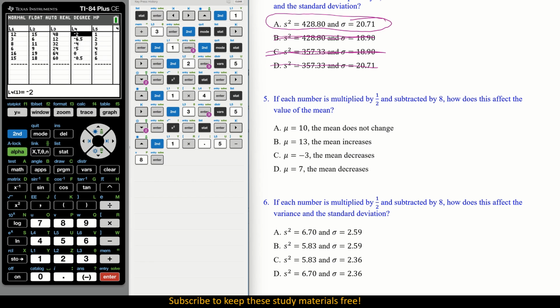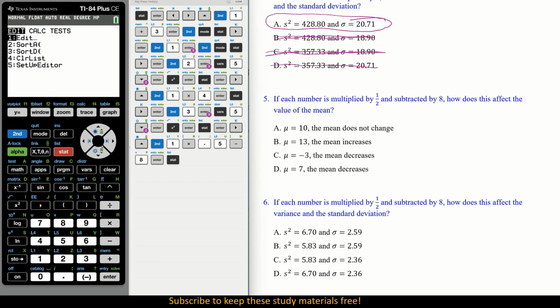That's what it gives us. And let's push stat, over to calc, 1, and now we want L4. Second, 4, enter. Everything. We don't want that list. Okay, so now from this, we have a mean of -3, which is very possible. We're turning this into a negative mean.